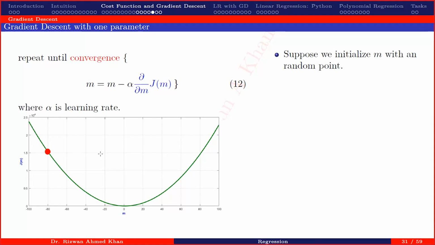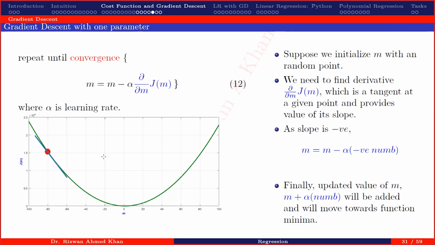On the other hand, if the value of m is somewhere over here and the cost is, let's say, 1.5, and you take the slope or derivative, this is a tangent, and we can see that this slope is negative. This slope is negative and that slope is positive.